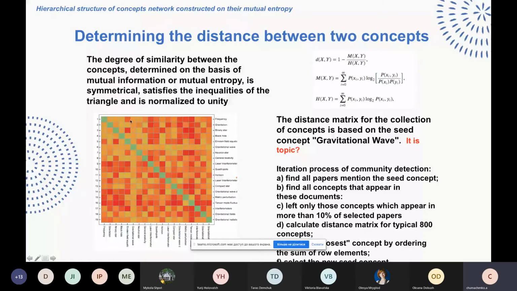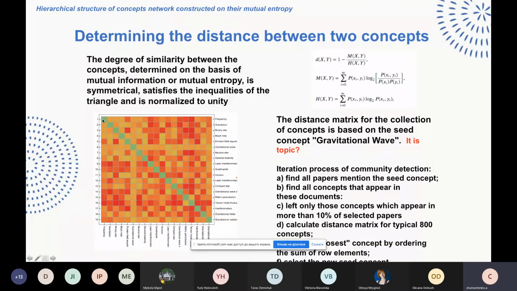If it's close to 0, then these concepts are very close to each other. The red matrix elements are close to 1. The red color is a distance near 1, and the green color is 0. You can see it's a diagonal matrix.